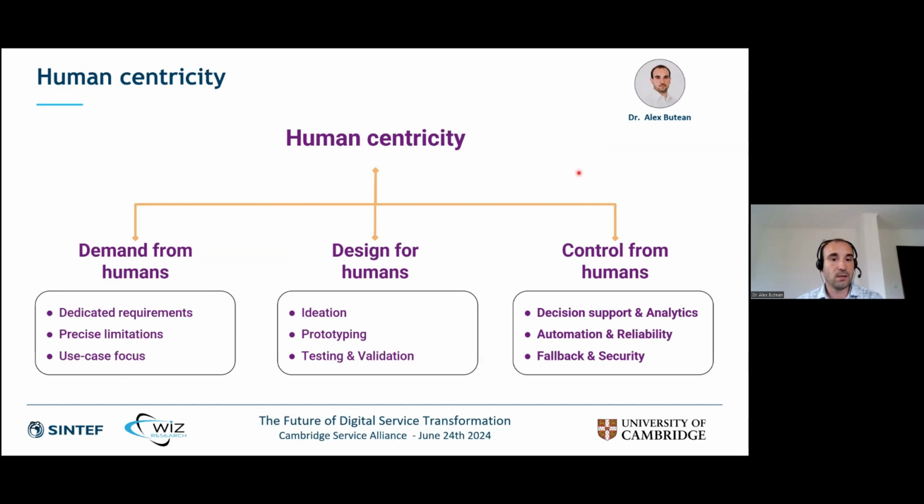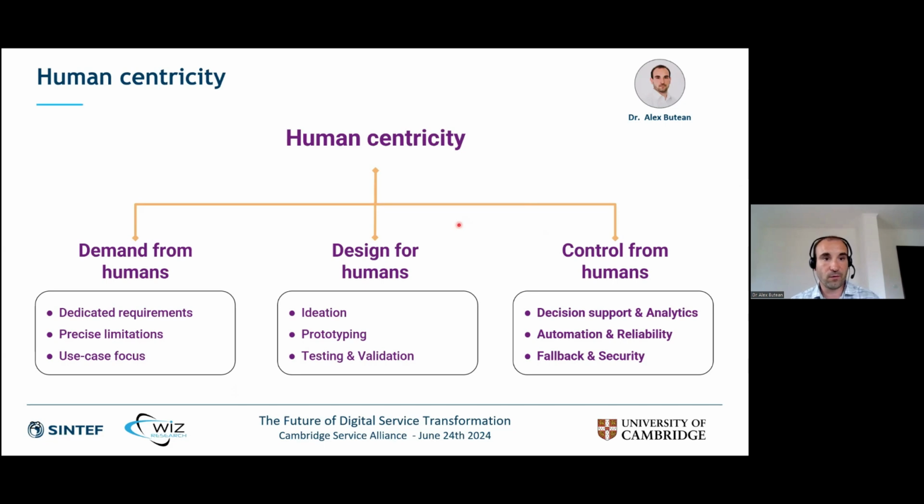First is the demand from humans. The demand has to come from humans. If the demand comes from processes, that's no longer human centricity. We have to always remember this, go back to the humans and ask them what they want. And of course, we're talking about dedicated requirements per use case, precise limitations, and use case focus.